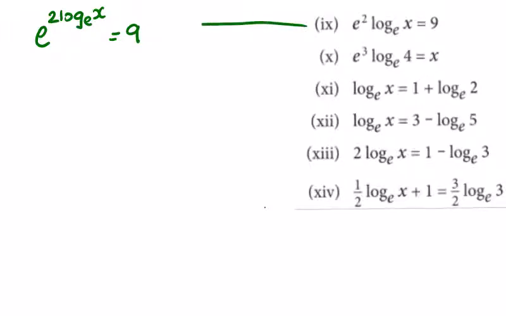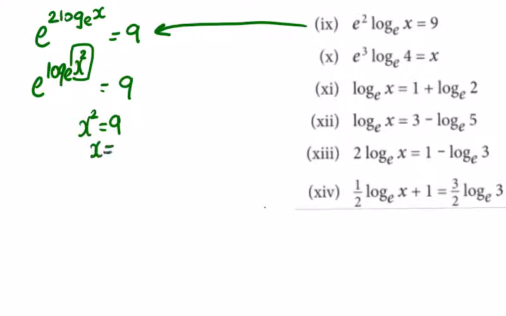Now number 9 should be written like this, so we can change it around into e to the power of the log to the base e of x squared is equal to this 9. So this x squared becomes 9, so x is equal to plus 3 in this case. The minus 3 doesn't work.